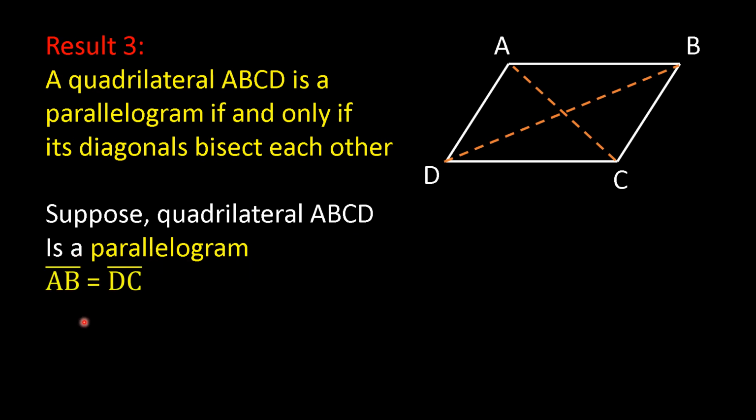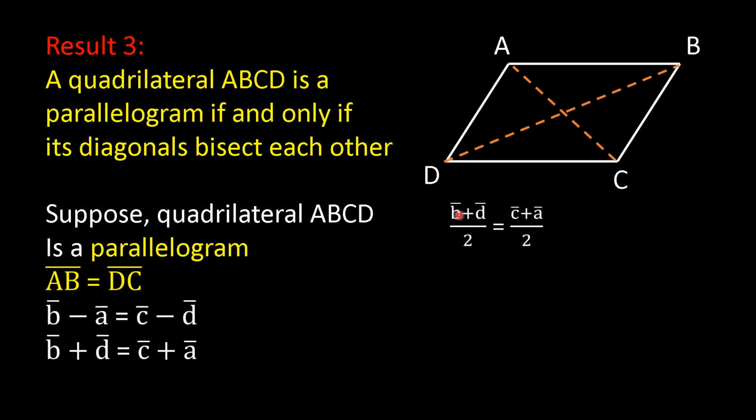Therefore, we have AB bar equals DC bar, which we can write as B bar minus A bar equals C bar minus D bar. By rearranging the terms, we will write it as B bar plus D bar equals C bar plus A bar, which will be (B bar plus D bar) by 2 equals (C bar plus A bar) by 2.